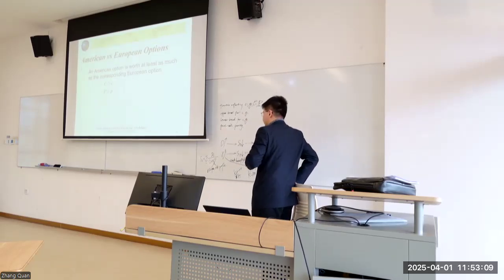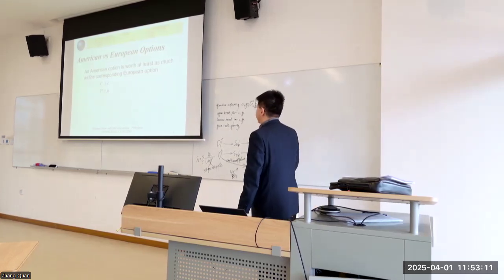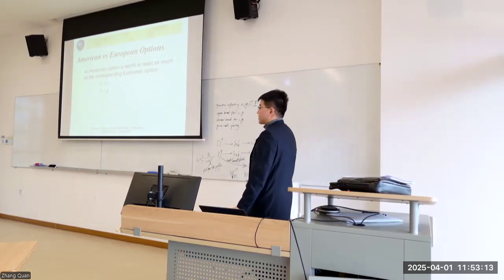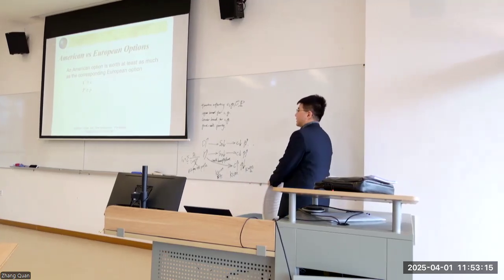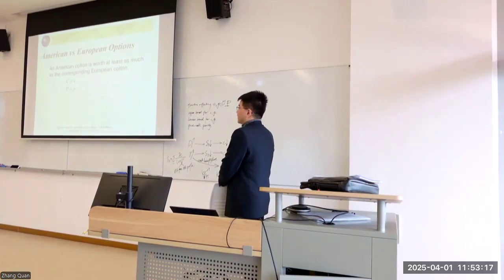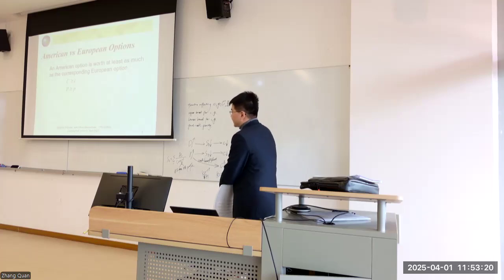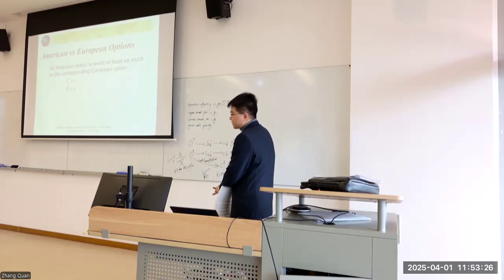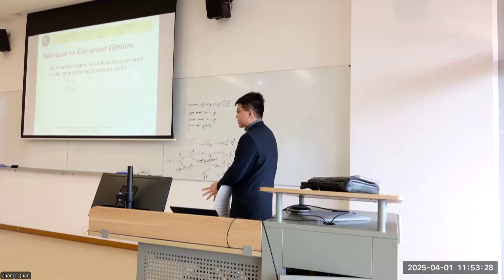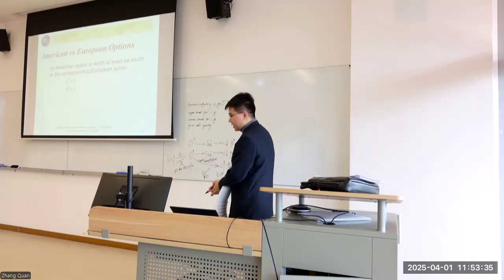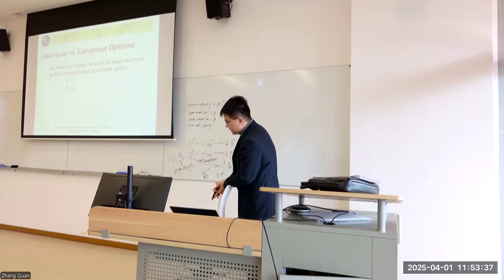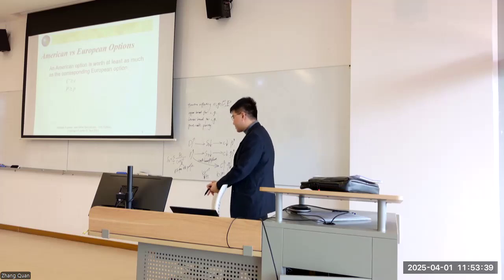Okay, next, a very simple argument. For the same option, comparing an American and a European option, the American option allows you to have more chances to exercise. Throughout its life period, you are always able to exercise.